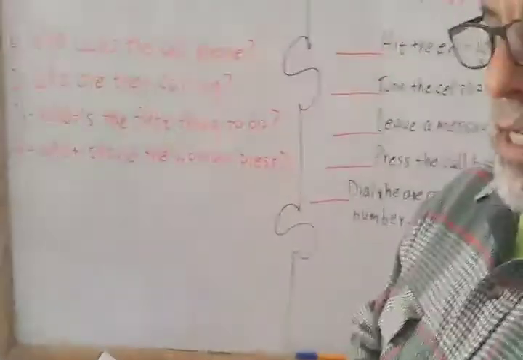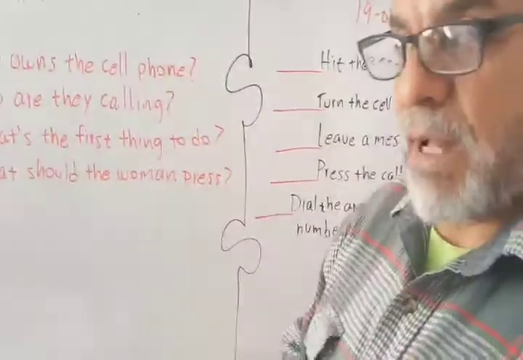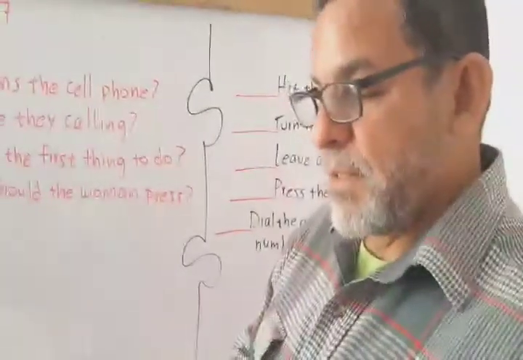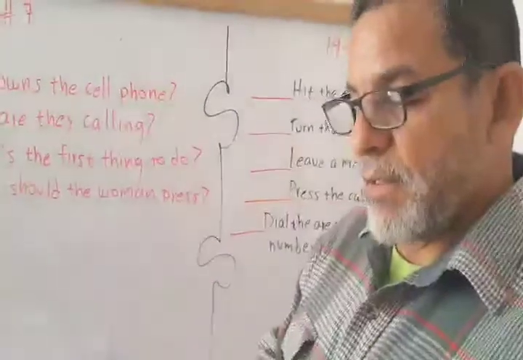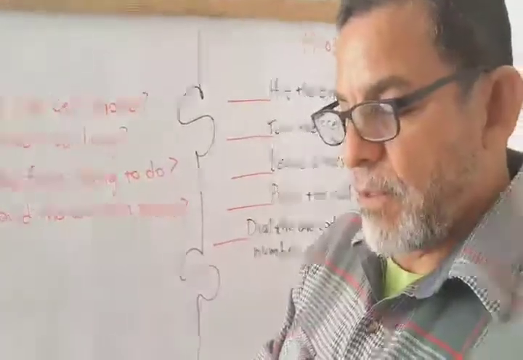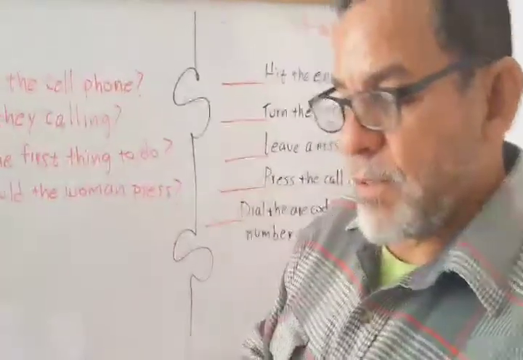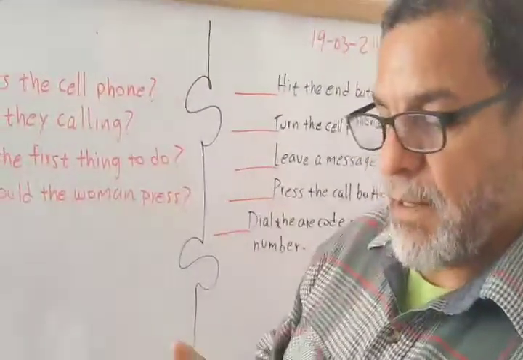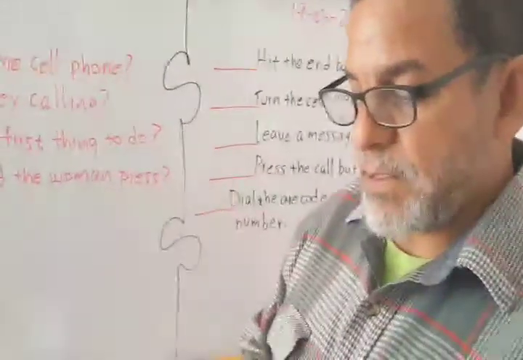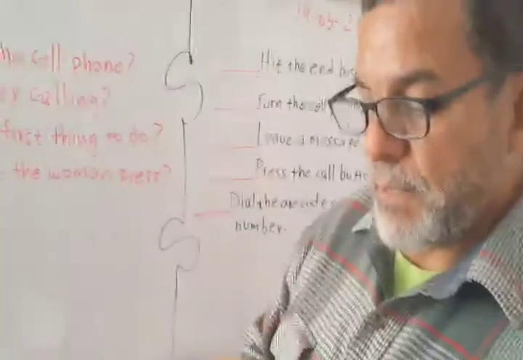Jenny: Can I borrow your phone to call my boss? Richard: I can't believe you still don't have a cell phone? Here you go. Jenny: Thanks. Now, what do I need to do? Richard: First of all, be sure to turn it on. And don't forget to dial the area code.